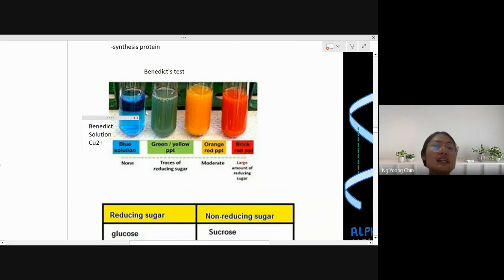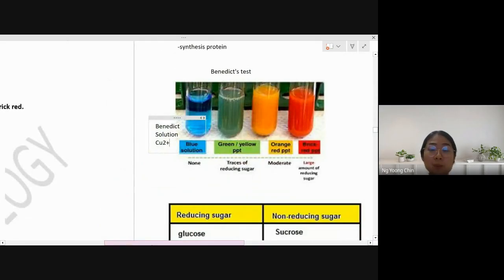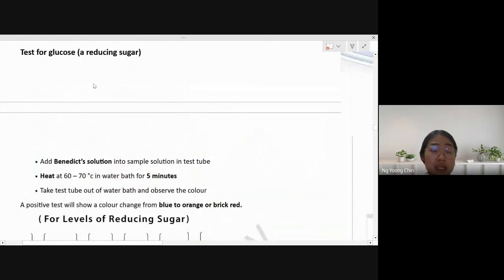So after that, when it undergoes the Benedict test, if there's the presence of reducing sugar, because the purpose of the Benedict test is to test for the presence of reducing sugar.